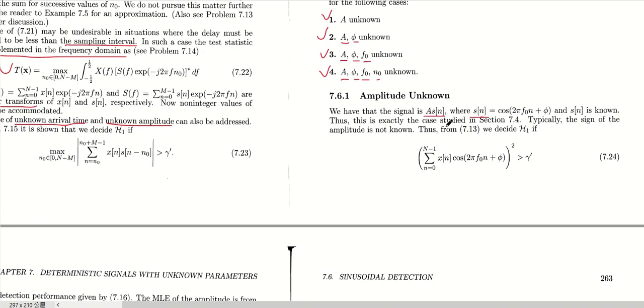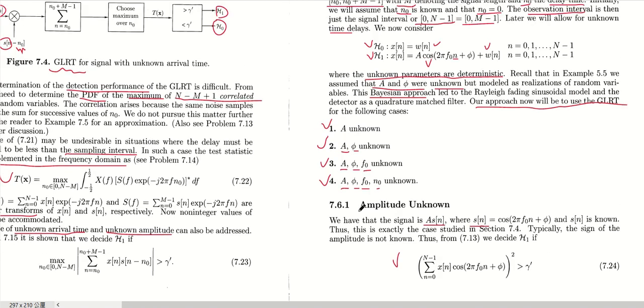This is exactly the case studied in 7.4, the previous one. Typically, the sign of the amplitude is not known. From this we decide H1 if this is larger than gamma prime. You do the correlation and then take the square.